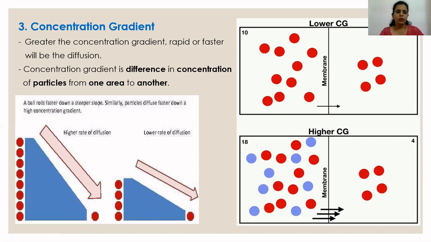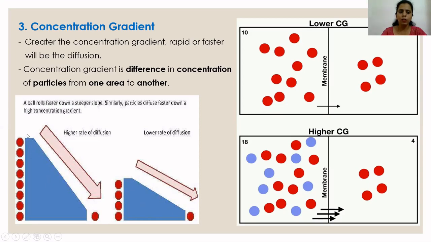Okay, one more example or one more image is given here, which will help you in understanding this concentration gradient in much better way. Remember, when concentration gradient is more, that can also be called when concentration gradient is steep. Now if you look at this particular slope, if the slope is more steeper, ball will roll down faster compared to the slope which is not steep. If you look at these two slopes, the first slope is more steeper compared to the second one.